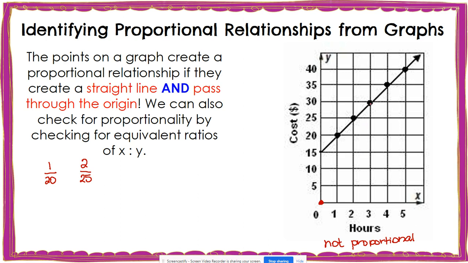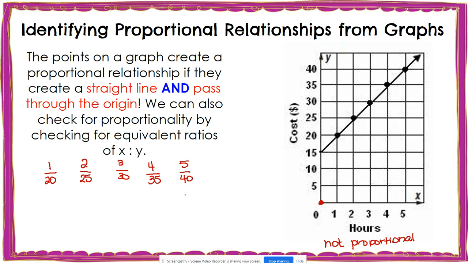My next point has an x value of 3 and a y value of 30, so I would write 3 to 30. My next point has an x value of 4 and a y value of 35, so that would be 4 to 35. And my final point has an x value of 5 and a y value of 40, so that would be 5 to 40.